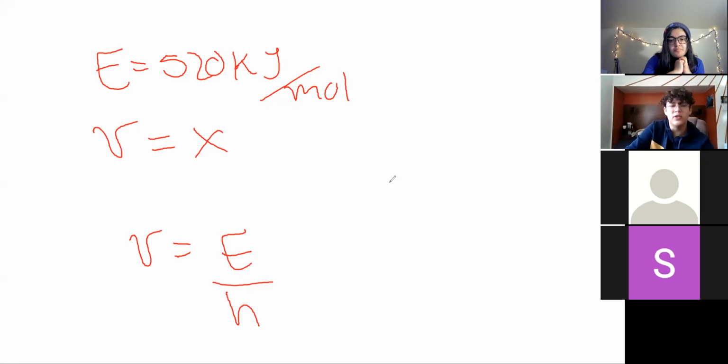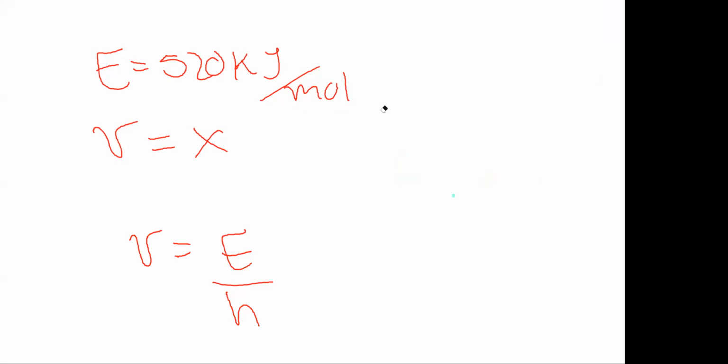But the original equation is Planck's equation, E is equal to h times v. But if you're trying to solve for frequency, you would just move Planck's constant to the other side. So you have energy in kilojoules, and Planck's constant is in what units? Joules per mole.